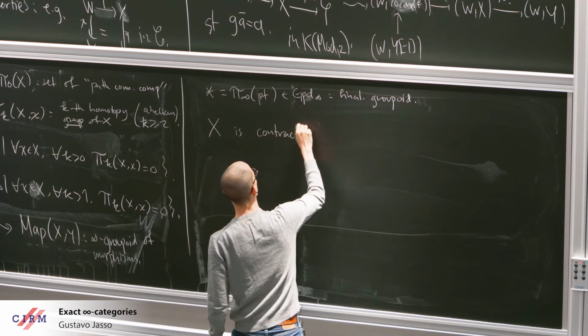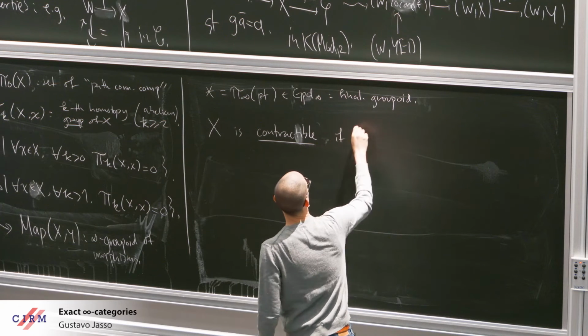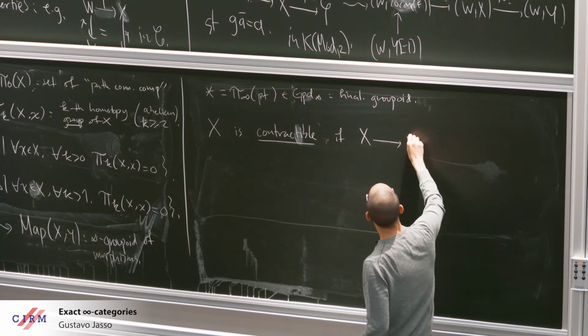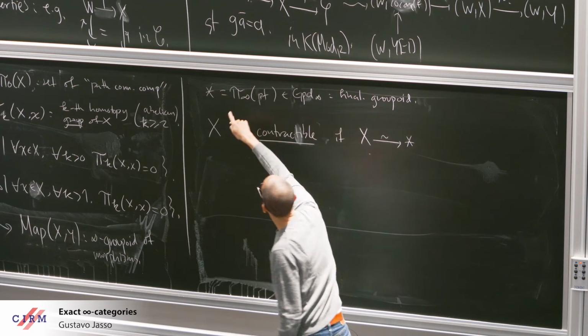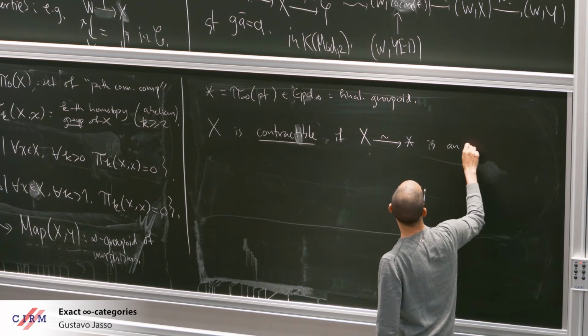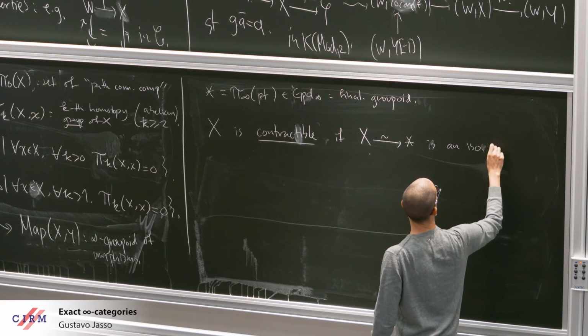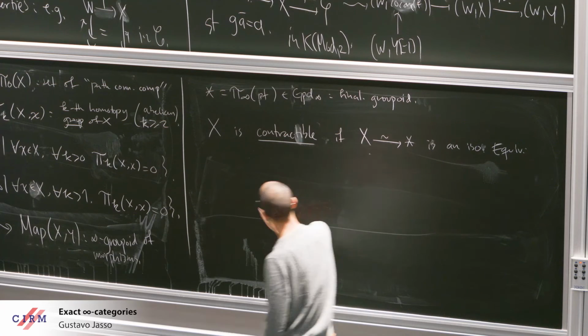Again, terminology motivated from topology. If the essentially unique map to the final object, so this one-point groupoid, is an isomorphism. Equivalently, what does this mean?